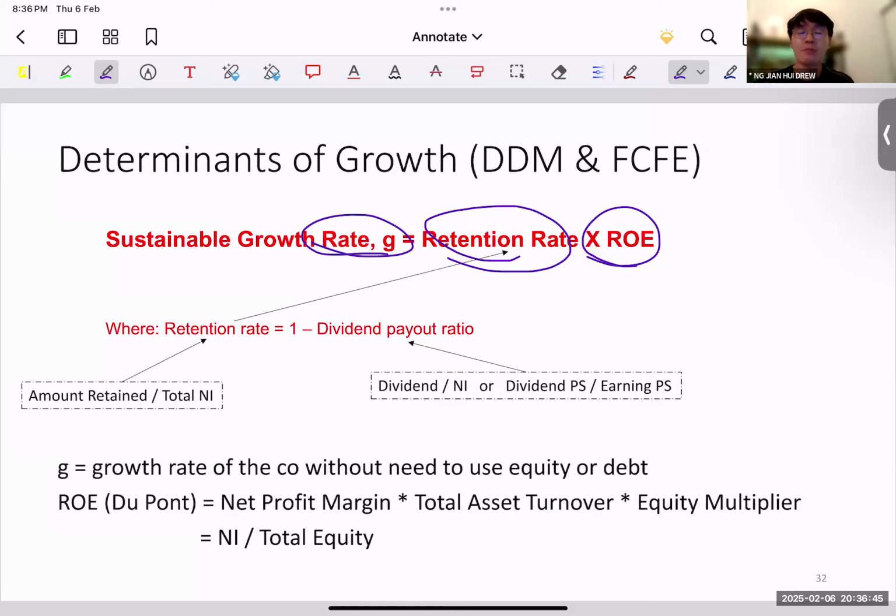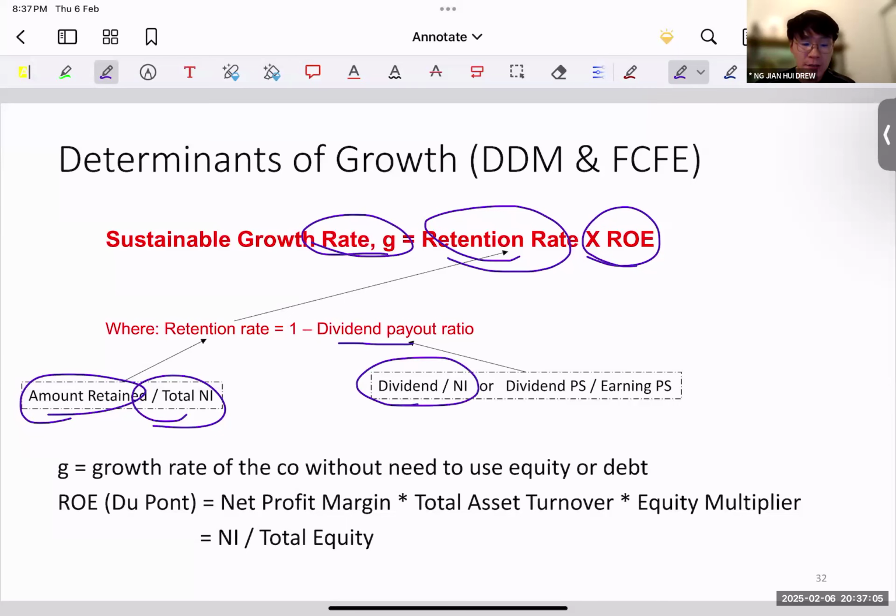And how do you determine the retention rate? Retention rate is 1 minus the dividend payout ratio, or you can consider it as the amount retained divided by total net income. And payout ratio is dividends divided by net income, or dividends per share (DPS) divided by earnings per share (EPS).